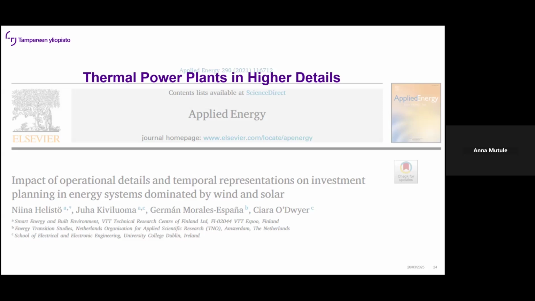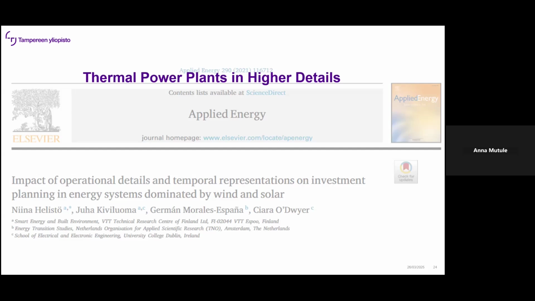The study itself is published in Applied Energy, and among the authors you can see Nina Hristo and Juha Kiviluoma. They are the main developers of Spine Toolbox.